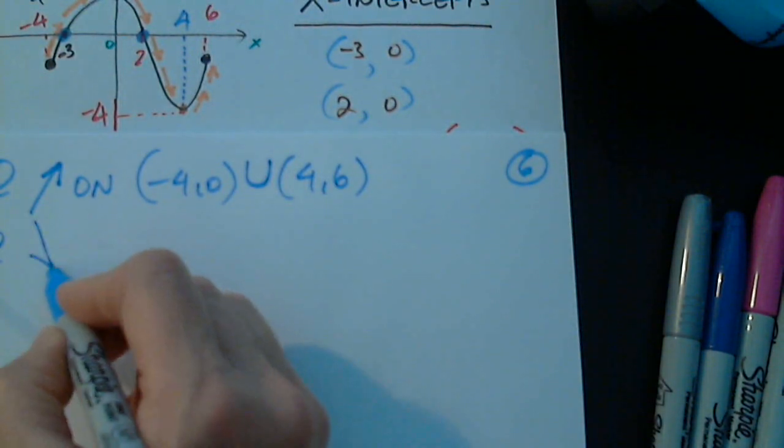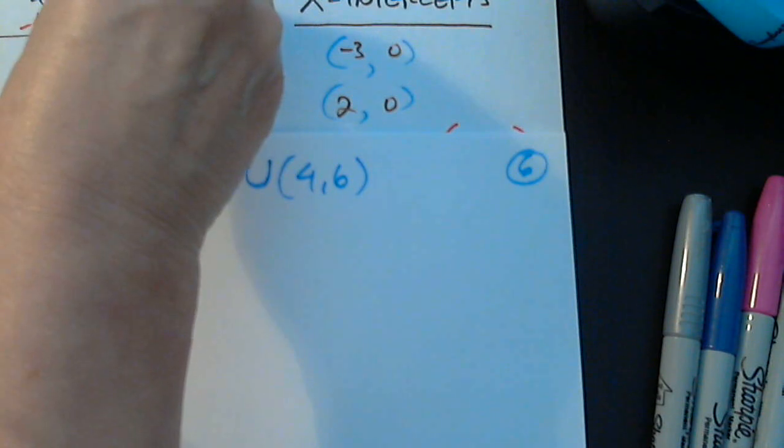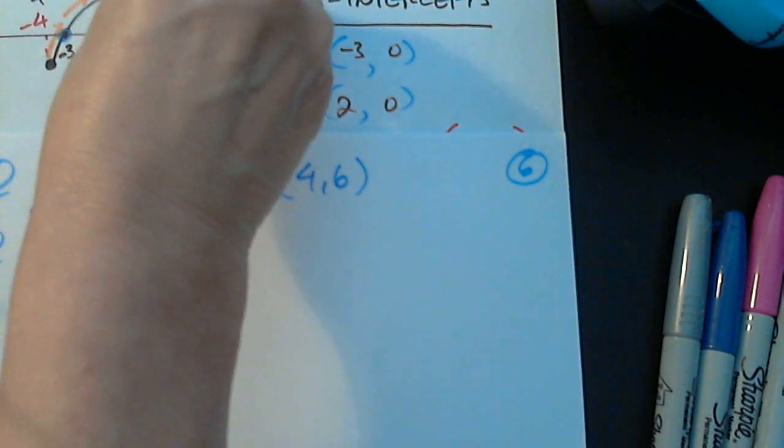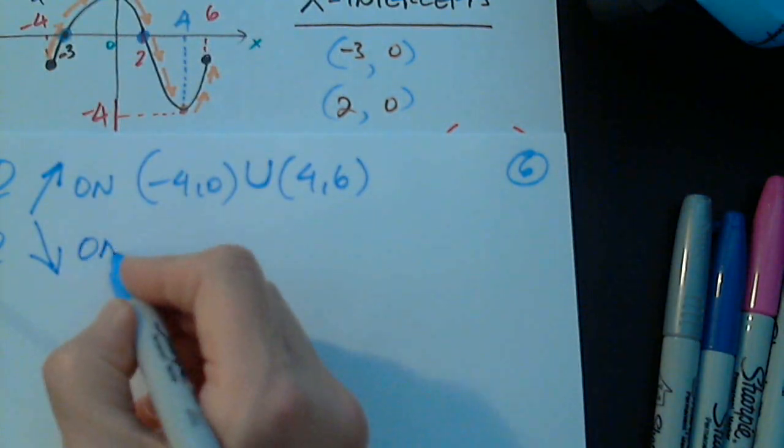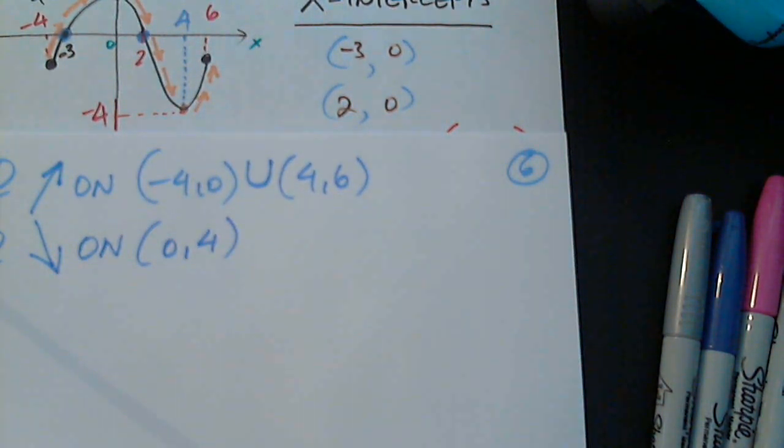And f was decreasing from the moment it hit 0 till the moment it hit x equals 4, on (0, 4). No brackets anywhere.